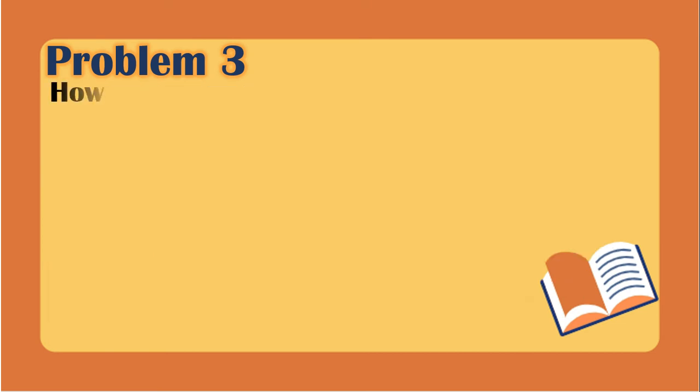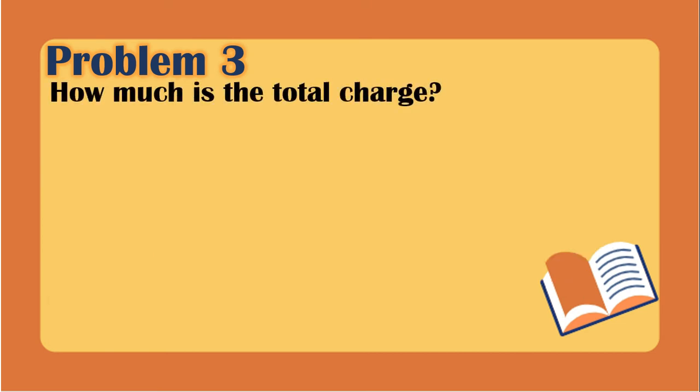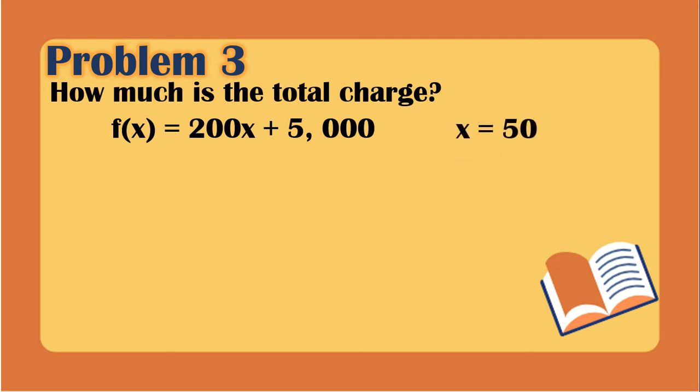The question is, how much is the total charge? So we need to use the linear function. F of x is equals to 200x plus 5,000. So our x is 50. So we will change all the values of x. We will make them 50.